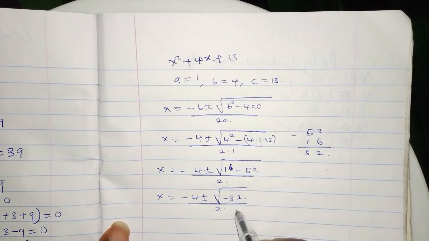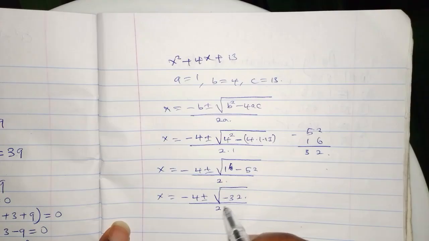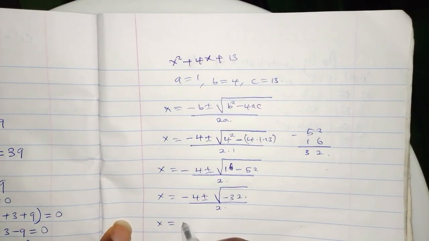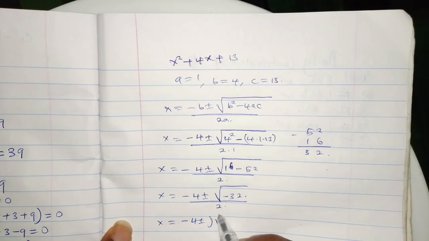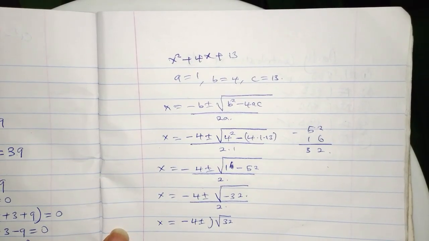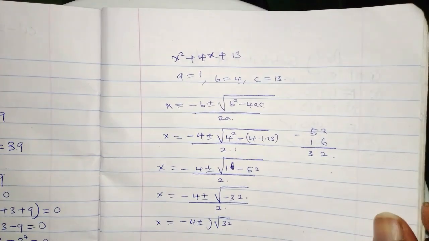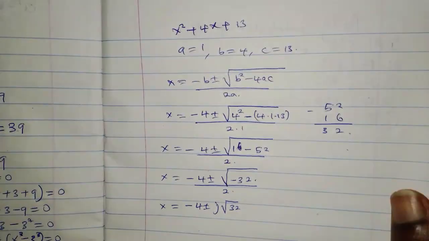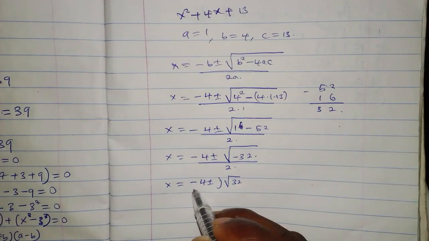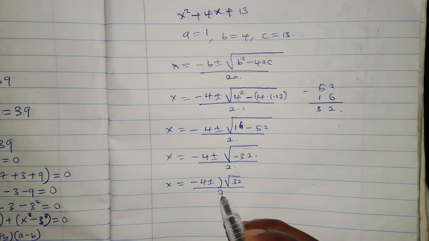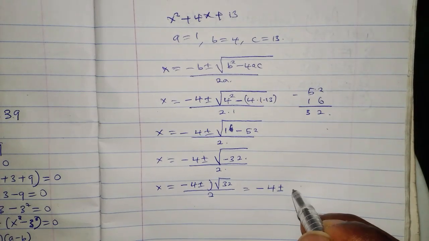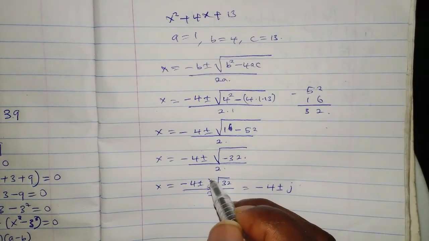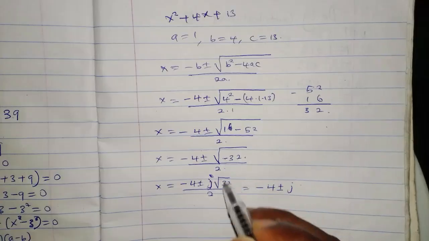So from here we can say x is equal to minus 4 plus or minus j root 32, all divided by 2, where j represents the imaginary number because of the negative sign.